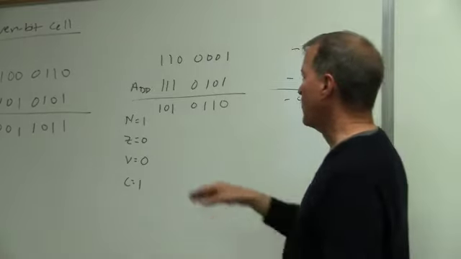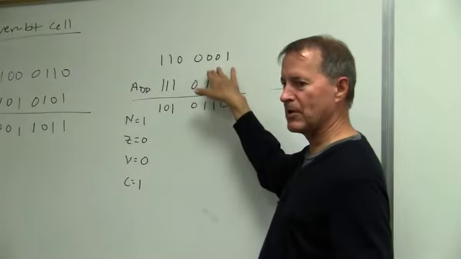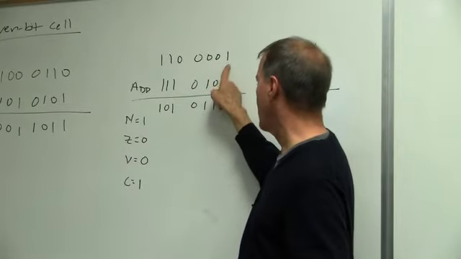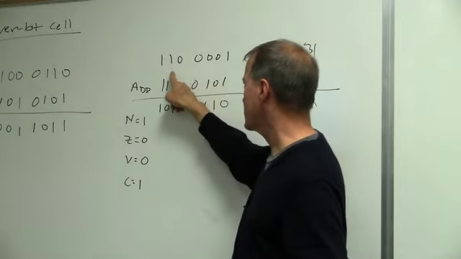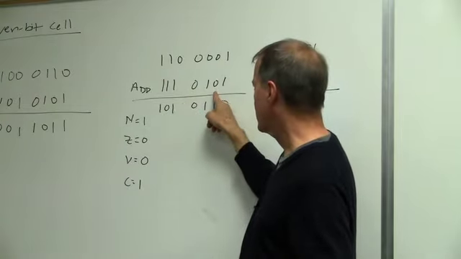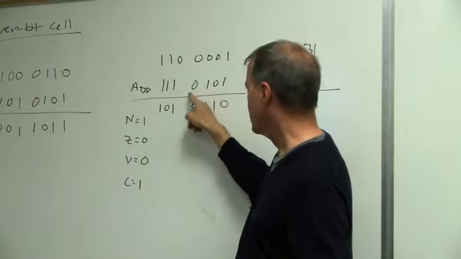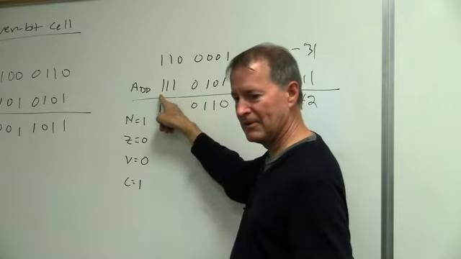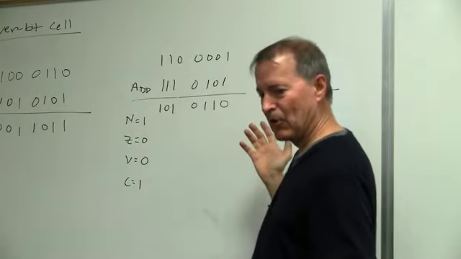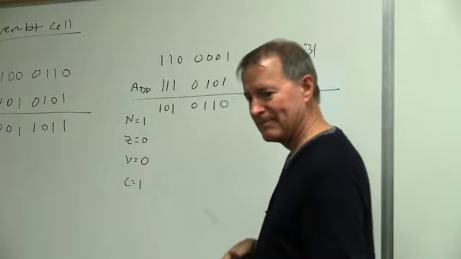Now, on the other hand, if we were to interpret this as an unsigned number, what number would it be? It'd be 1 plus 32 plus 64, and this one would be 1 plus 4 plus 16 plus 32 plus 64. And when you add those up, it would overflow.